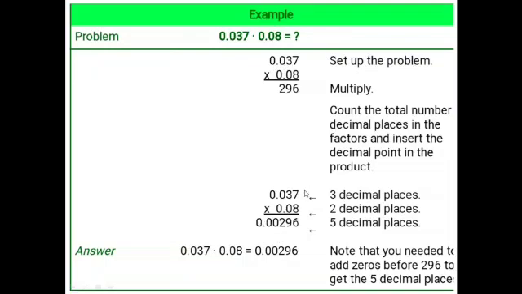And then I will count the decimal places in the factors, 3 and 2. Total 5 decimal places. So I will put the decimal from the right side up to 5 places. So this is the answer. Here this dot stands for multiplication.